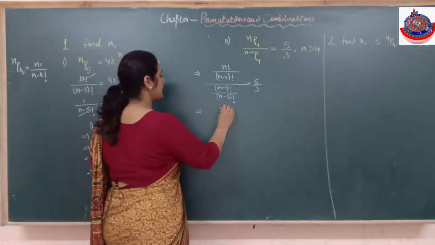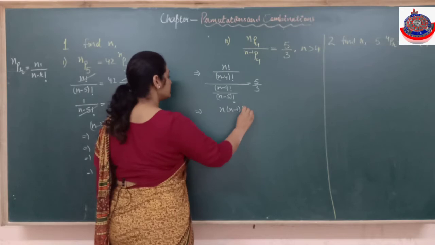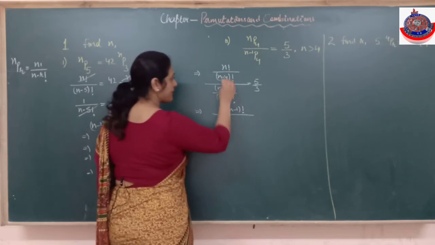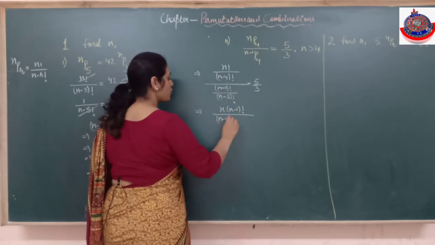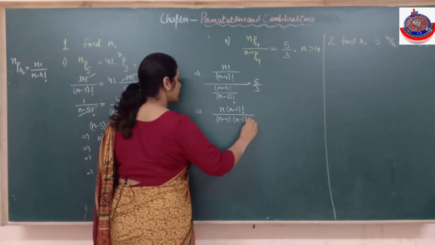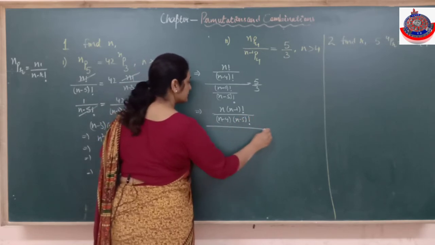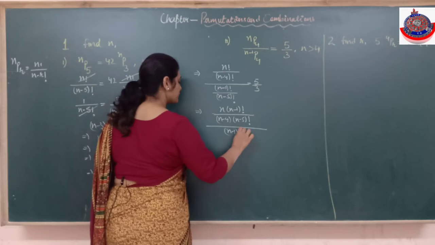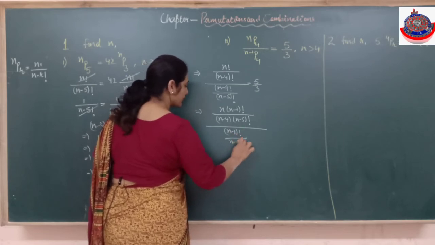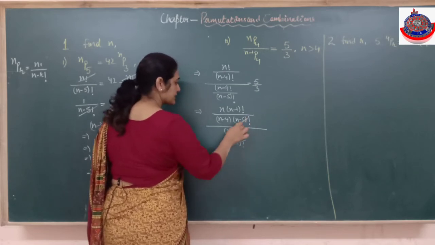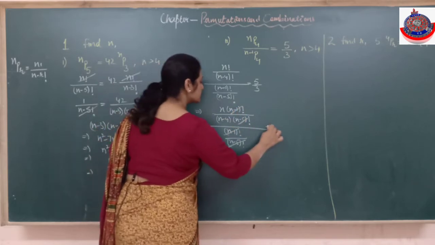So I have n into n minus 1 factorial and n minus 4 into n minus 5 factorial, n minus 1 factorial as it is, n minus 5 factorial as it is. This cancels with this, and this cancels with this.